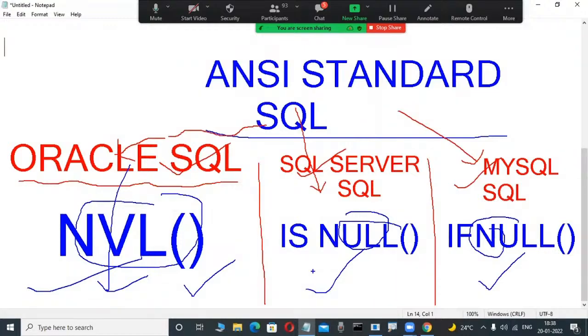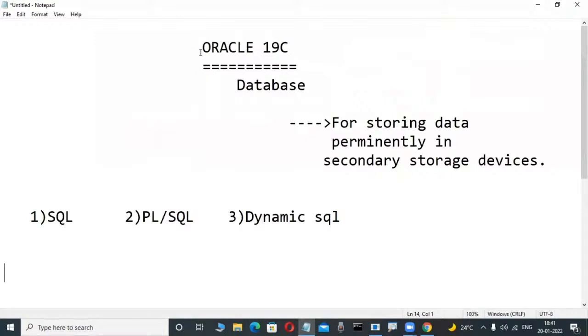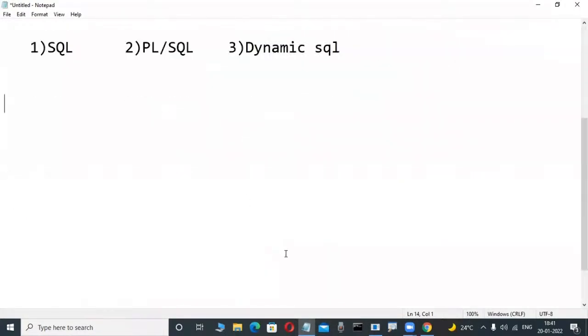There is another function. That's why, always, what we are learning is that SQL is an ANSI standard language. From that SQL language, Oracle Corporation created their own SQL language that is called Oracle SQL.